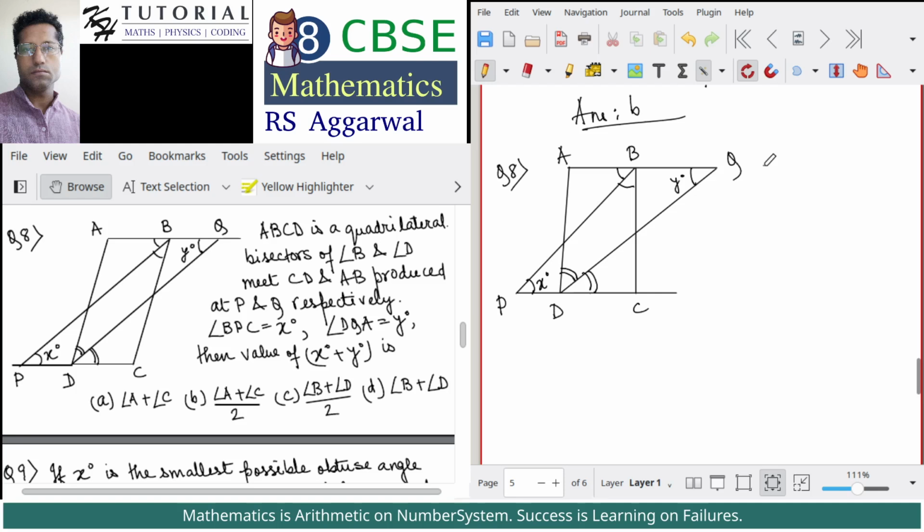So what information do we have? ABCD is a normal quadrilateral. X plus y, x plus y.